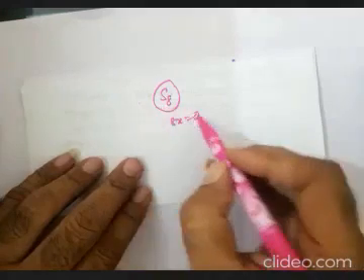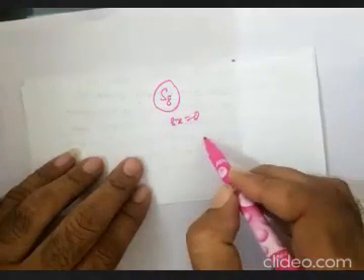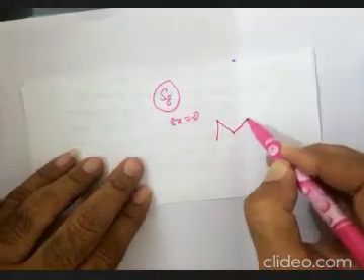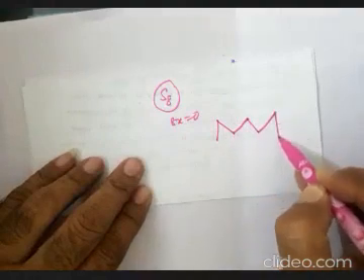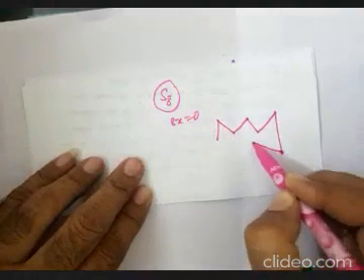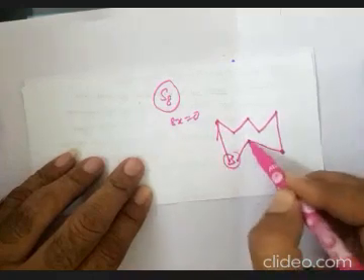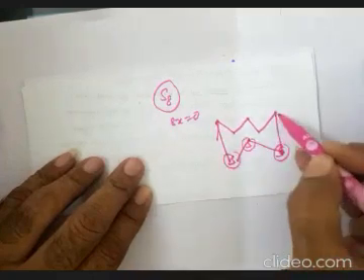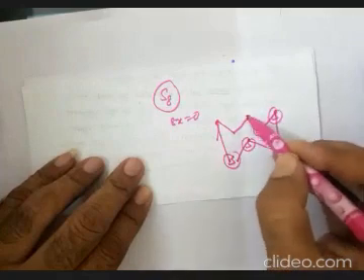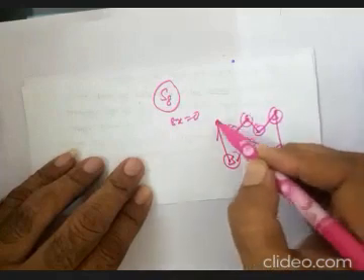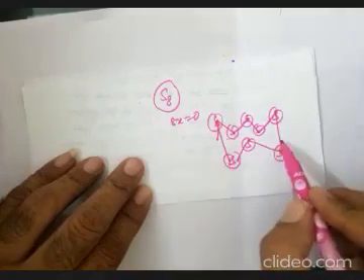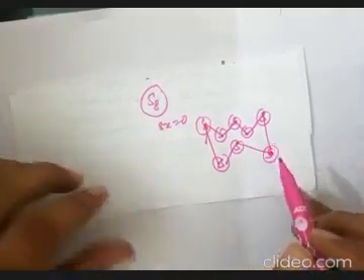So in S8, sulfur oxidation number is 0. Another important point: the sulfur molecular structure is a crown structure. Every sulfur is linked with 2 sulfurs. This is also very important.